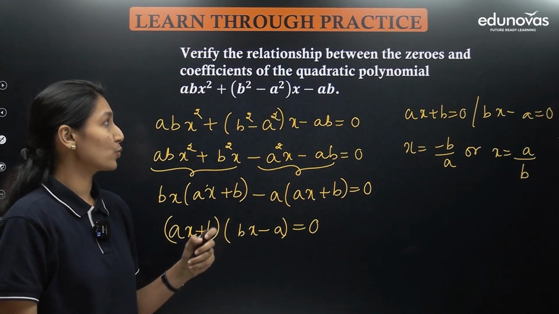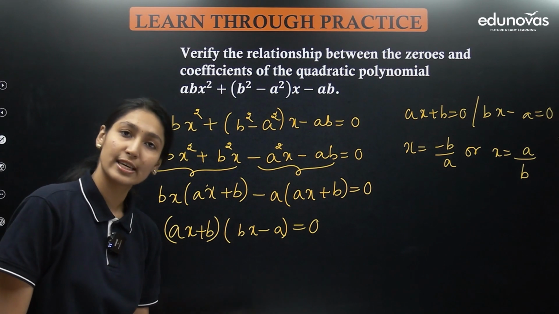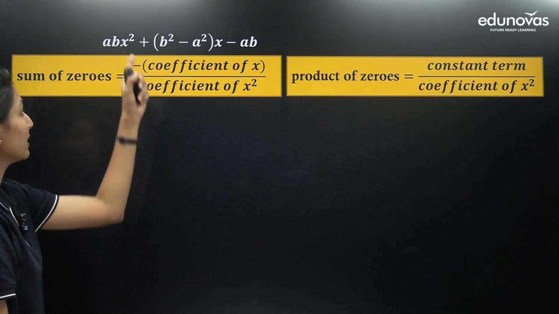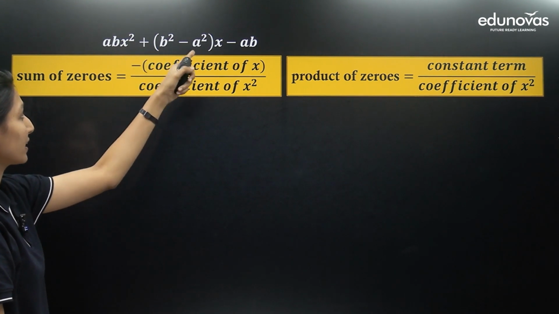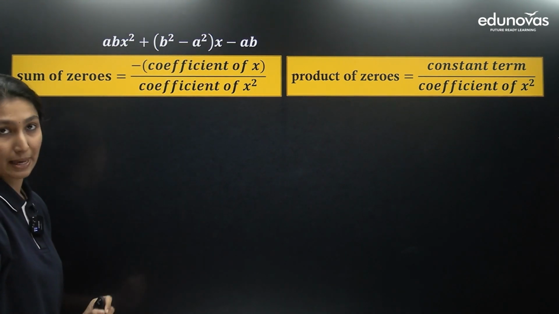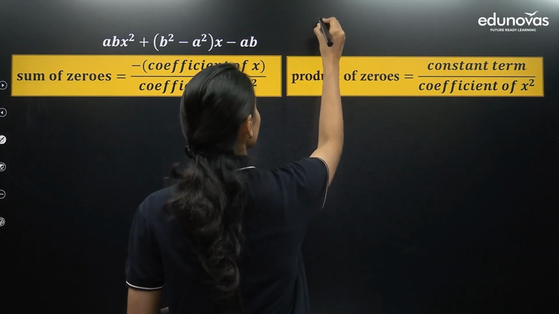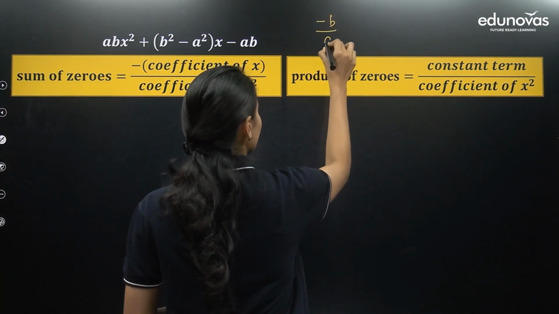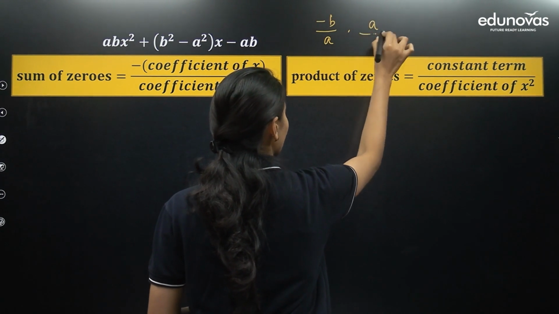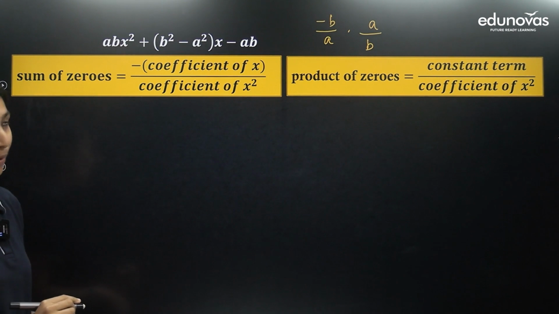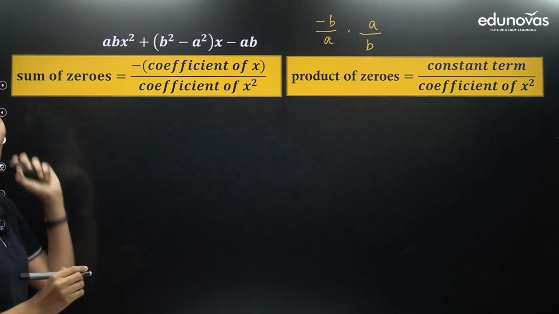Now, let's start to verify the relationship between zeros and the coefficients. The given polynomial is abx square plus b square minus a square into x minus ab. So, what are the two zeros? It is minus b by a and a by b. Let's find the sum of the zeros.